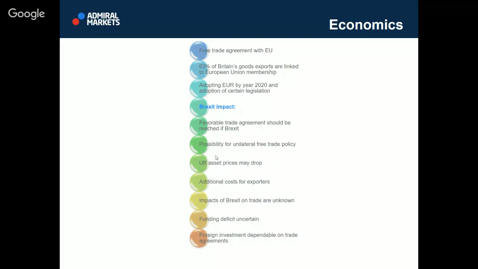UK asset prices may drop. I think that is for certain for the initial impact. Additional costs for exporters also, and definitely foreign investments will be dependent on trade agreements. So that is why I'm saying it is highly probable that they should reach a favorable trade agreement, guys.